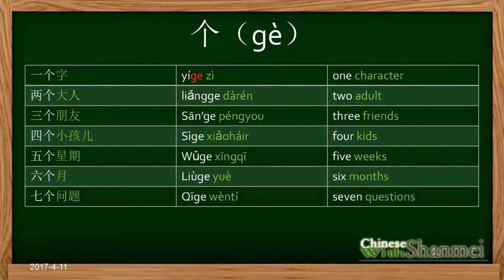You can read after me. 一个字，两个大人，三个朋友，四个小孩，五个星期，六个月，七个问题。Remember, 个 is the most commonly used measure word.